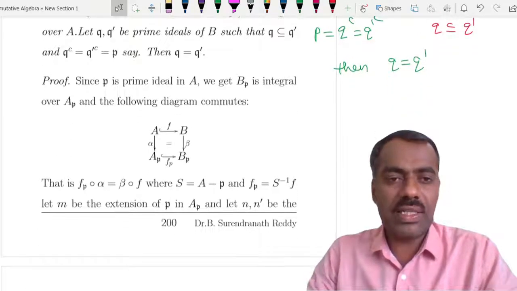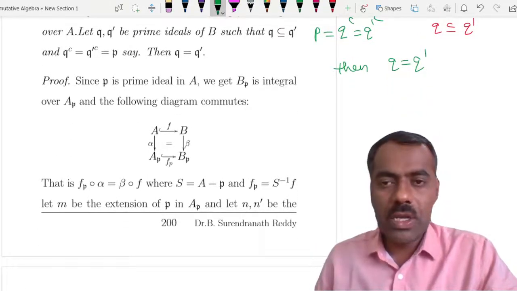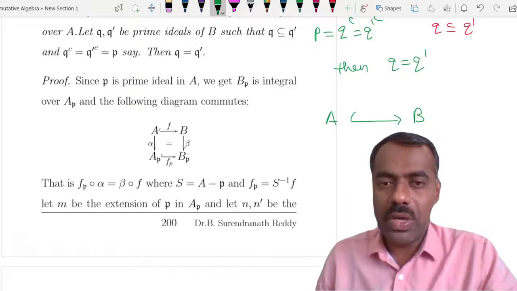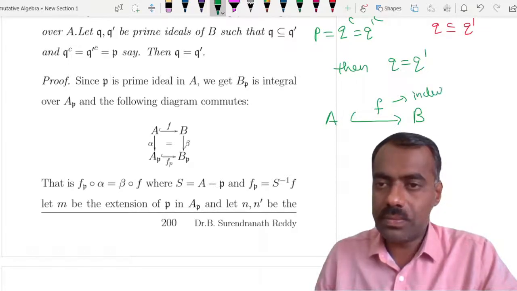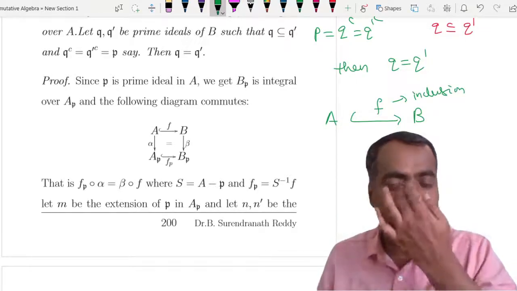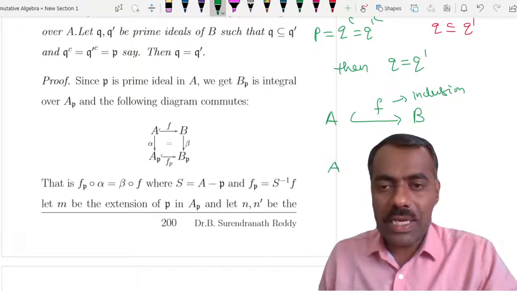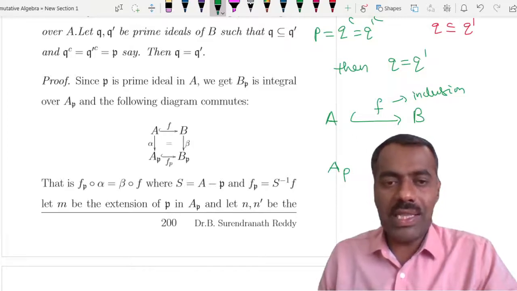We go through this commutative diagram. You have A here, and because A is contained in B as a subring, you always have this inclusion map. So this F is the inclusion, sending every element to itself in B. Then, because P is a prime ideal, you take this local ring and call this map alpha.